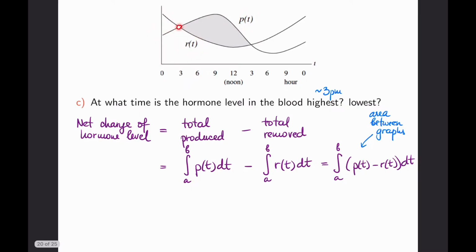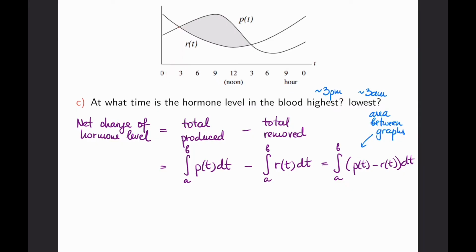After this point, the area acquired will be positive and therefore will start increasing. So the area is the lowest at exactly this point, because up until now, it's going to count negatively. So the level of the hormone in the blood is the lowest around 3 a.m.